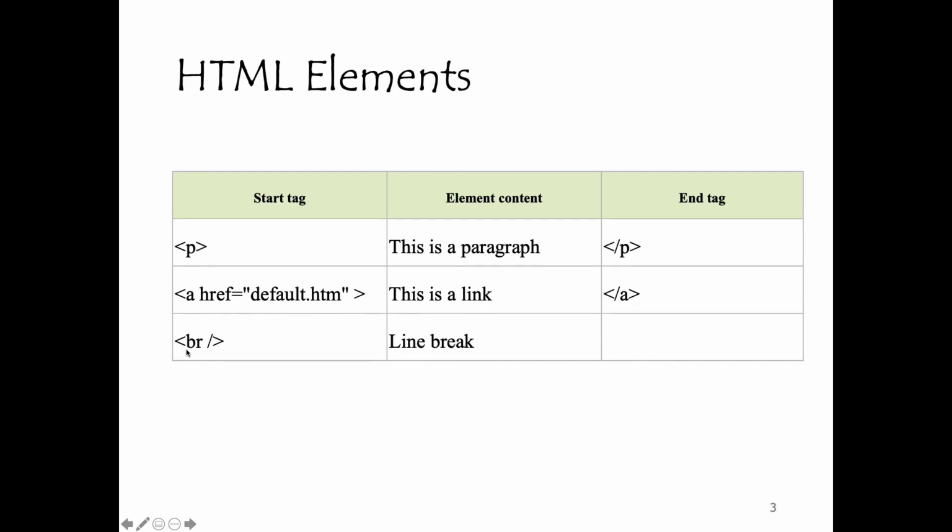So there is no starting and ending, but just one tag with BR and a slash at the end. It will add a line break in your web page. In sum, when you design your HTML web page, you use a lot of different types of tags, and inside those tags, you can show many different types of web contents.